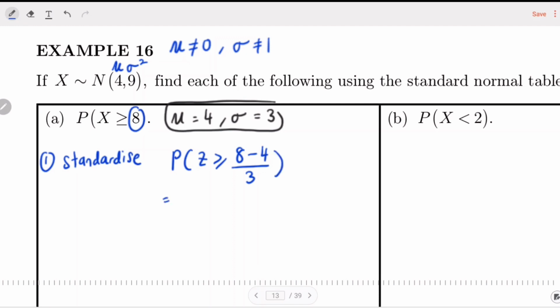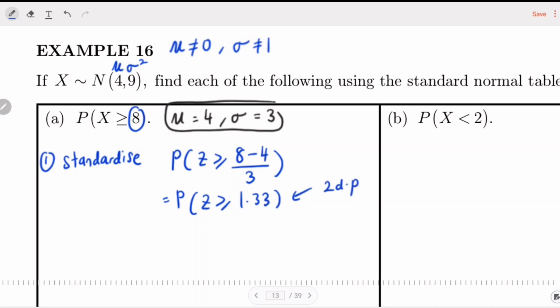And then calculate. Give your answer in 2 decimal places, because we can only look at the standard normal table up to 2 decimal places. So it will be 1.33.